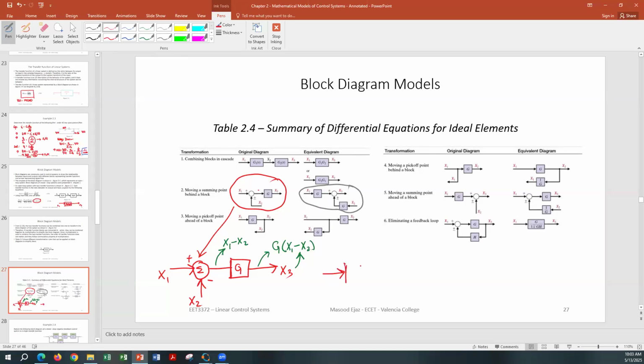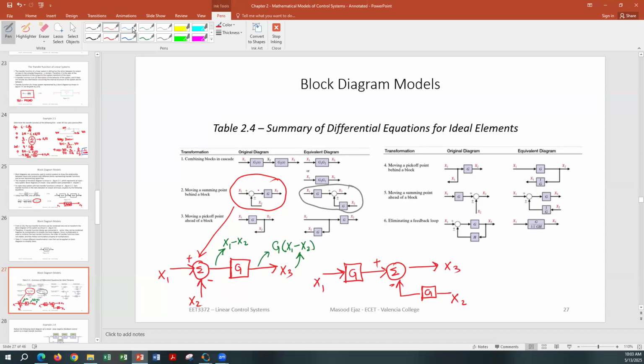Now you have G here, and then you have the summing point, summing amplifier, plus, minus, and x3. So you have G, and then you have G, x2 and x1.